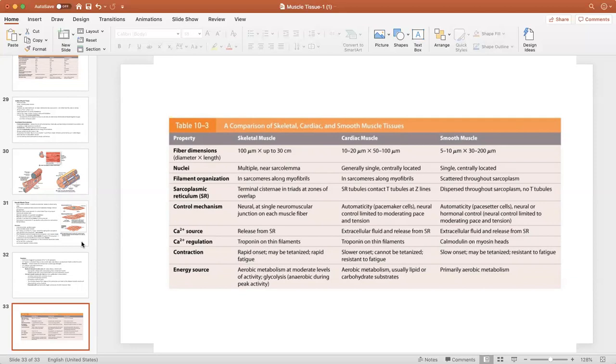So if we're flexing our elbow, our shoulder is not moving, and our forearm is moving up. The portion that's not moving, the shoulder, is the origin, and the insertion is at the point that's actually moving. So when you're doing origin and insertion, make sure you look at the portion that is actually moving as the insertion point.